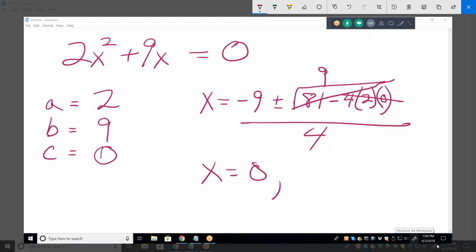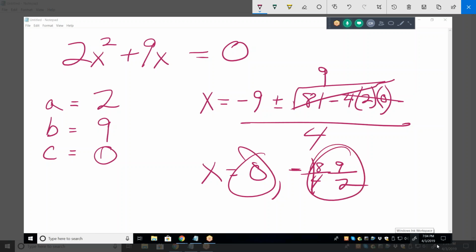And do minus 9 minus 9 divided by 4. That'd be minus 18 fourths. Okay, and then that's going to simplify to minus 9 halves. So those are our two solutions.